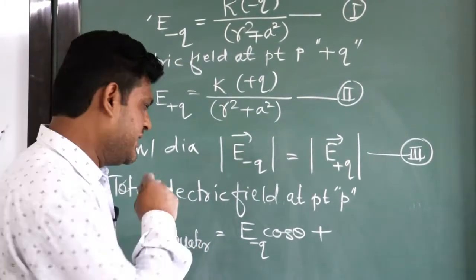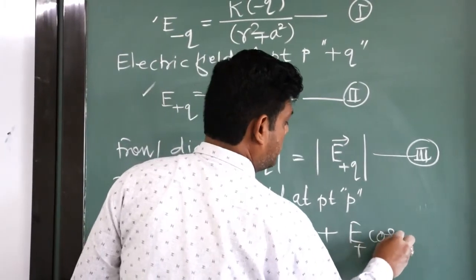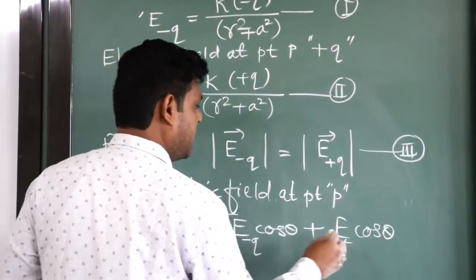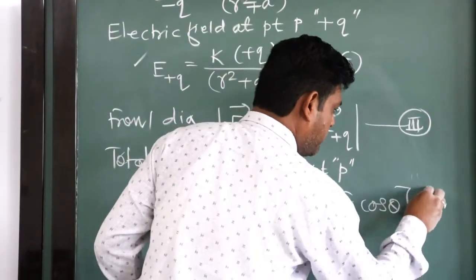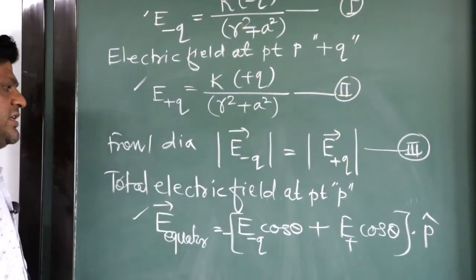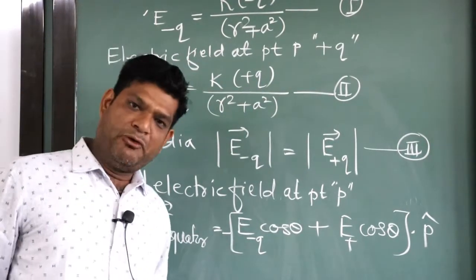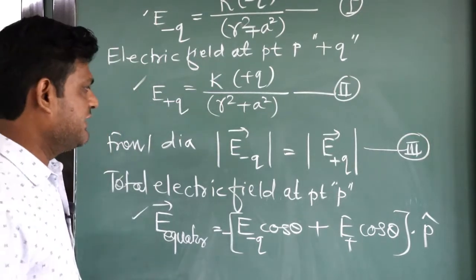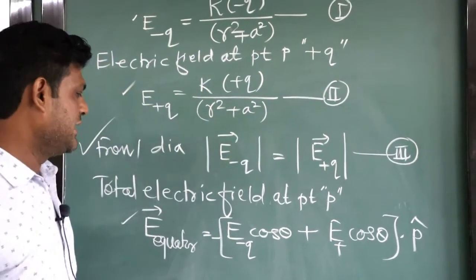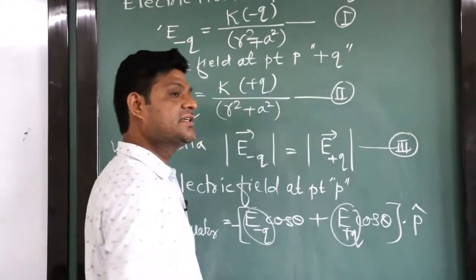And they are on the left hand side, so we will write a minus sign, with P cap over here because we are considering it in vector form. So this is a very important equation. From this equation we can say that E plus q and E minus q are the same.